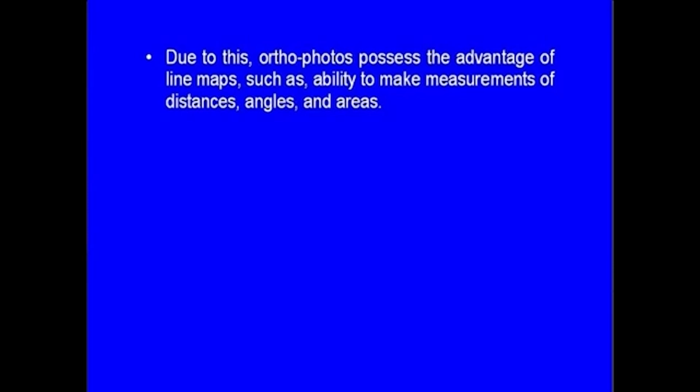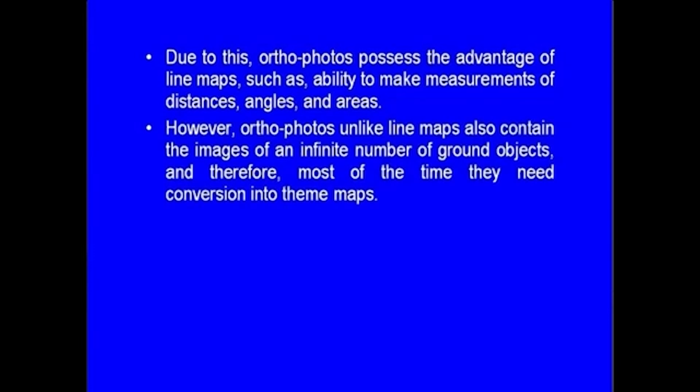So, due to these, orthophotographs possess the advantage of line maps, such as the ability to make measurements of distances, angles and areas. However, an orthophotograph, unlike line maps, also contains the image of an infinite number of ground objects, and therefore, most of the time they need conversion into thematic maps.